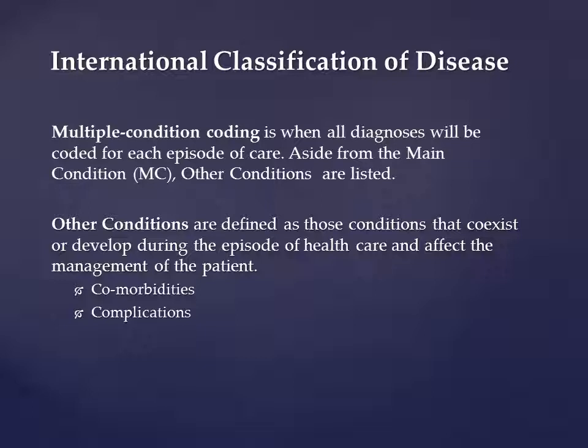It can be a comorbidity or a complication. A comorbidity is a disease that accompanies the main diagnosis and requires treatment and additional care, in addition to the treatment provided for the condition for which the patient was admitted. While a complication is what appears during the episode of care due to a pre-existing condition or arising as a result of care received by the patient.